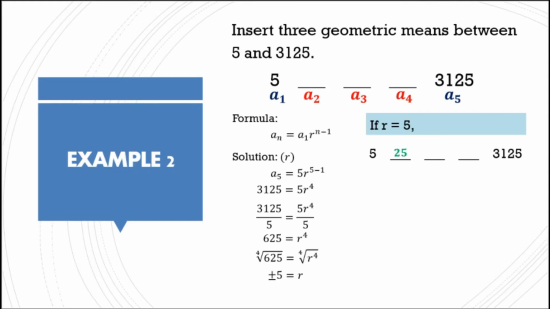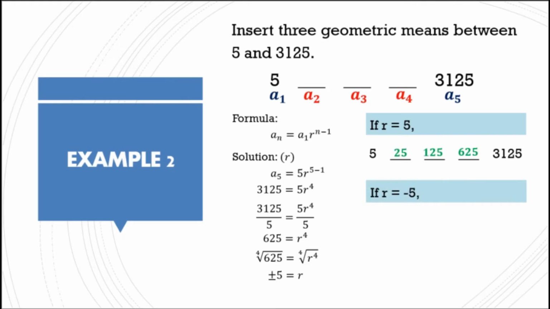Then 25 multiplied by 5 will give us 125. Lastly, 125 multiplied by 5 is equal to 625. Therefore, the three geometric means between 5 and 3,125, if r is positive 5, are 25, 125, and 625.